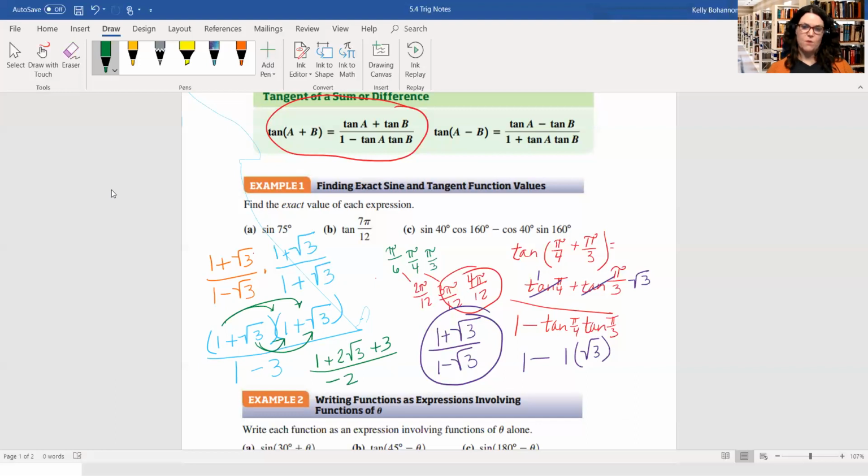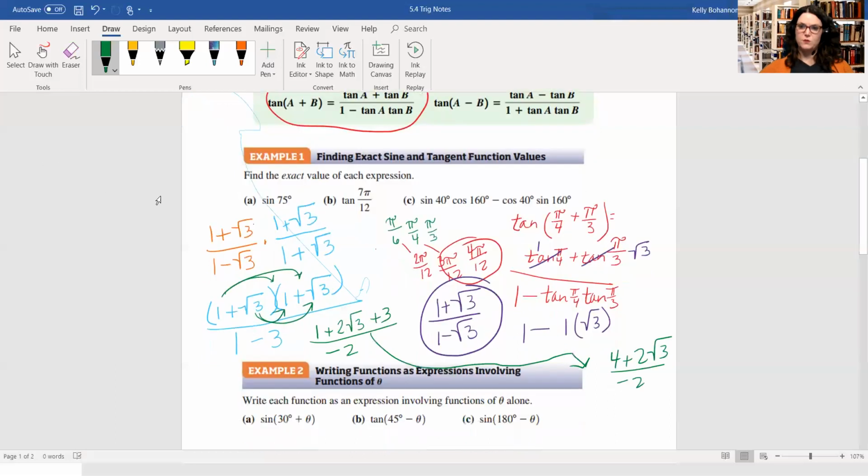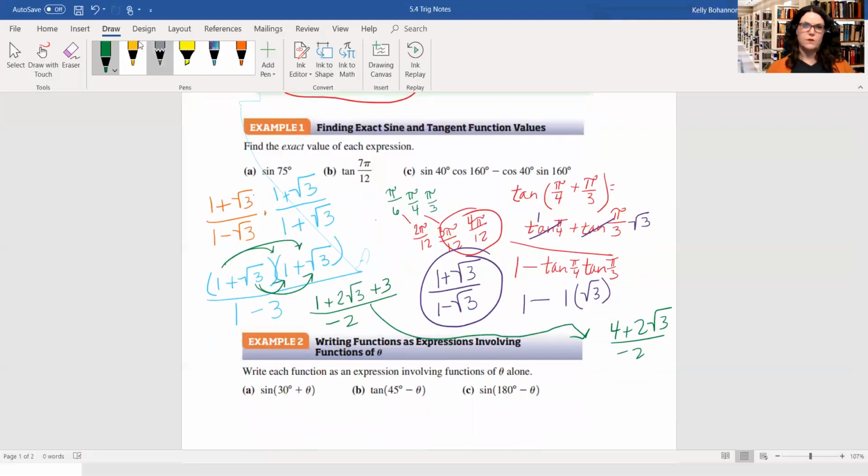And I can add my 1 and my 3 together. That gives me 4 plus 2 square root 3 over negative 2. And these outside pieces will all be divisible by 2, so I can divide them by 2. And I end up with 2 plus square root 3 over negative 1.